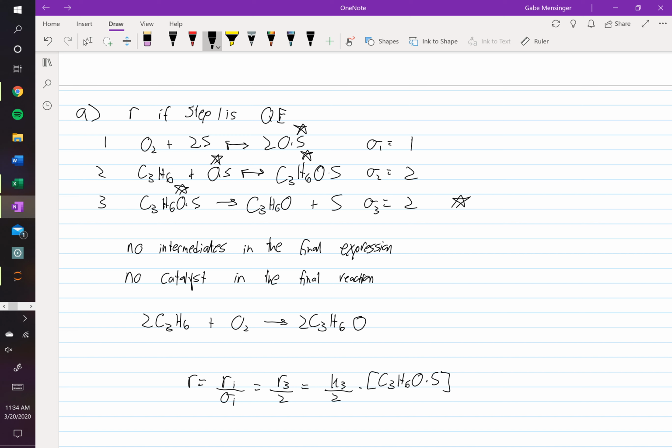And the rule with catalyzed reactions, similar to the rate mechanisms we've done before, is that these surface species, these species bonded to the catalyst S, cannot appear in the final rate expression. So we need to find a way to get rid of that.